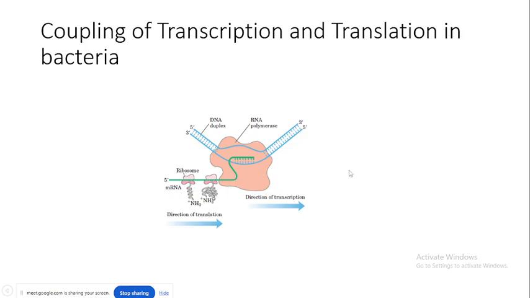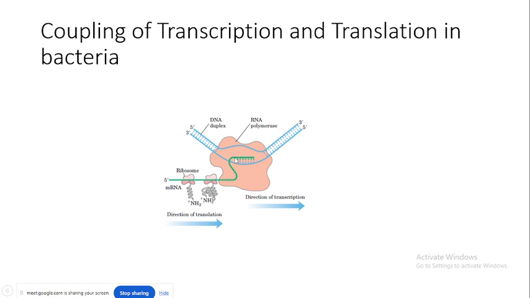So this is the DNA duplex. This is used as a coding strand, right? And this is the direction of the transcription, which is synthesizing this mRNA from this template DNA, and then this mRNA is used by the ribosome, right? Ribosomes bind to the mRNA and synthesize protein from it.